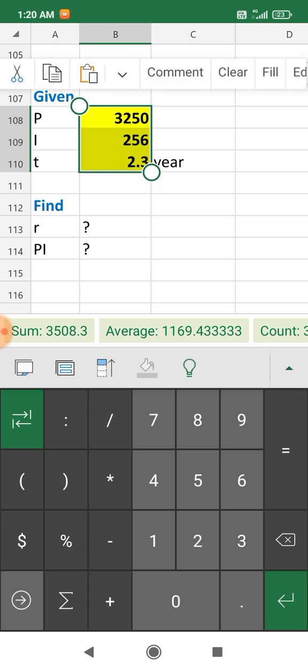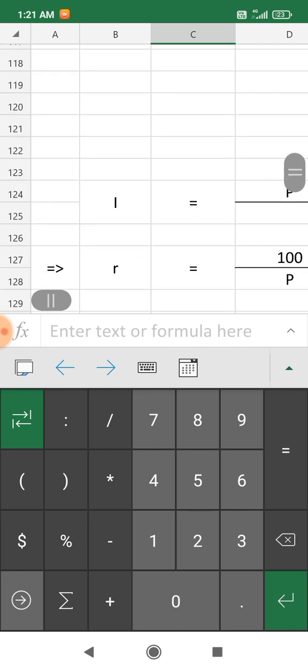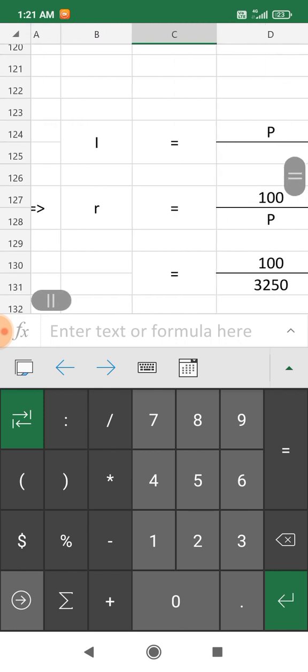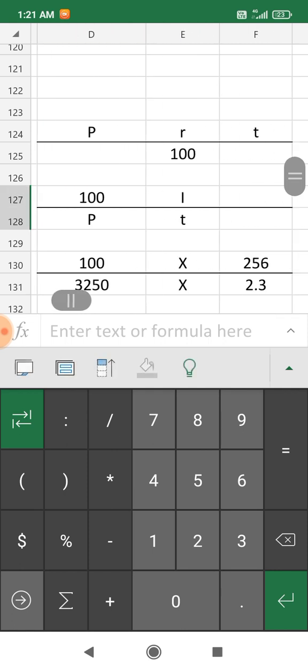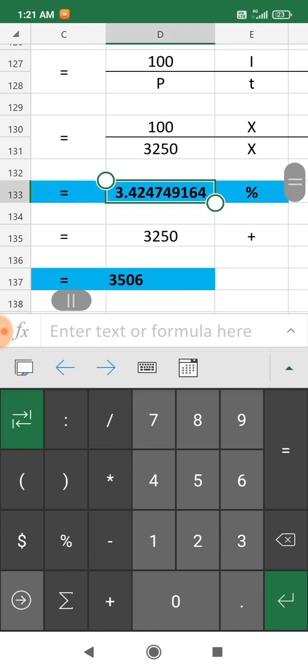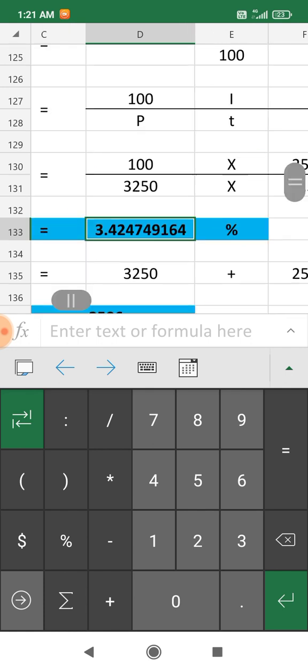Read the question properly, and these three information must be given in your question. Okay. And then we know I equals PRT by 100. That means R equals 100 I by PT. Okay, you have to do this multiplication, and finally the answer is 3.42% will get as a return.